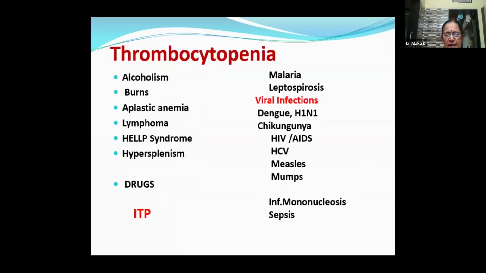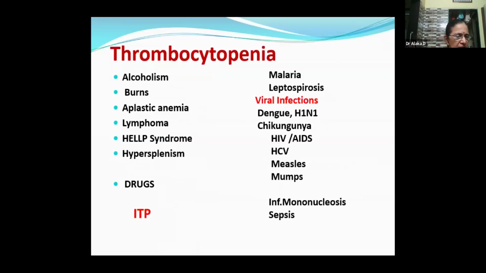Thrombocytopenia. We'll come to the discussion a little later on, but just to apprise you of the causes of thrombocytopenia, other than the infections, these are alcoholism. So in alcoholics, you see thrombocytopenia. In cases of burns, where the platelets are sequestered, we will see thrombocytopenia.